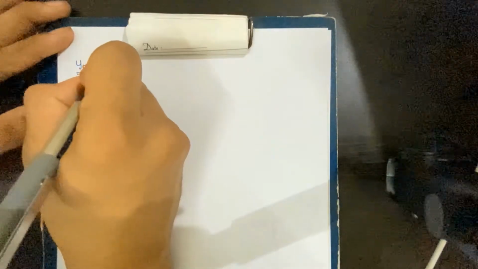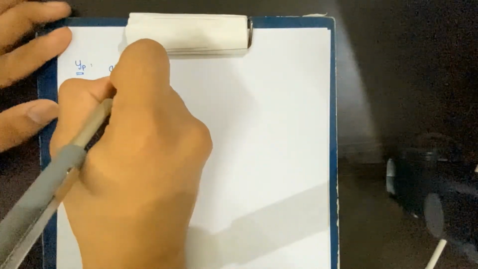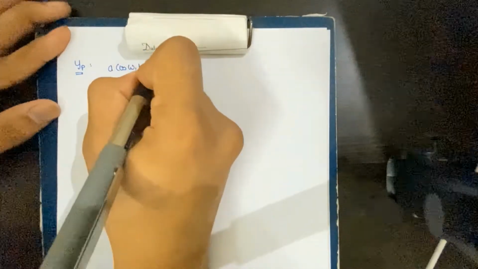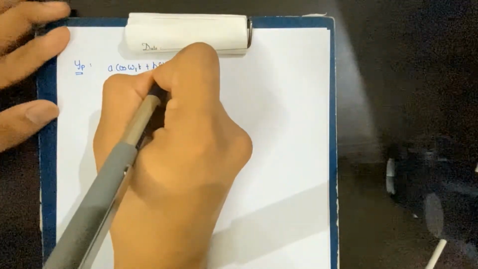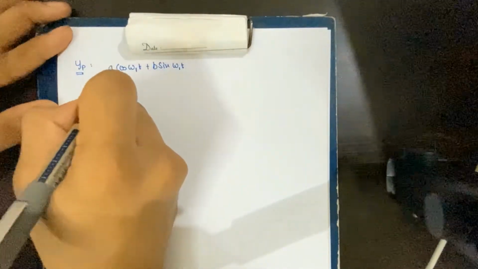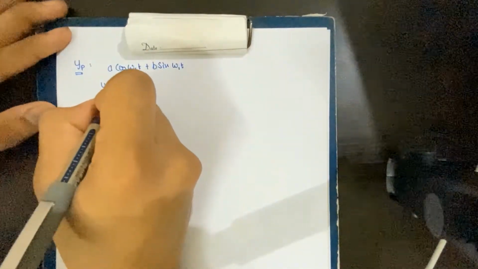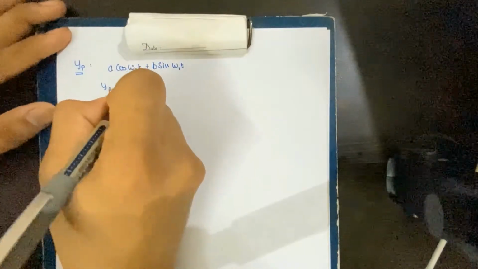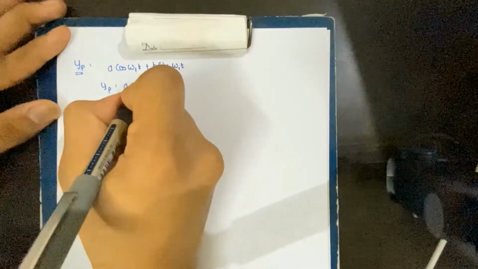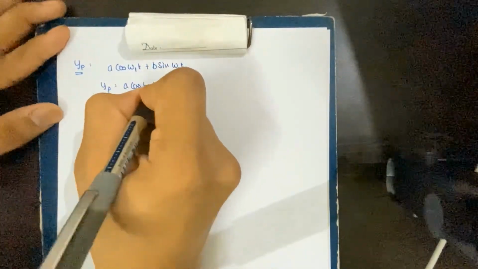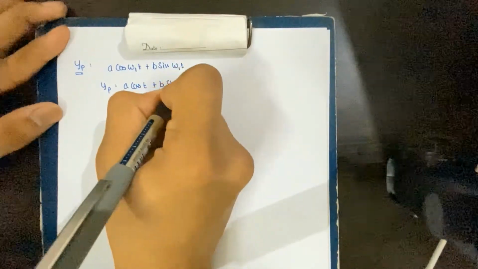So now yp is usually in the form a cos omega 1 t plus b sin omega 1 t. Since omega 1 value is 1 here, yp is equal to a cos t plus b sin t.